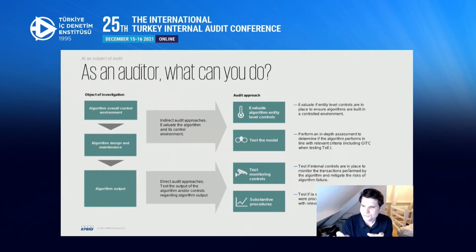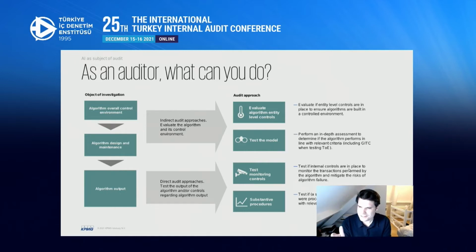So what do you actually need to look at? That is different, so you need to have the knowledge about that as well. I will come back to that later in my presentation: what are the competencies that you should have as an auditor to do this properly? In the basis, it's similar to what we are used to, only the real details are fully different, and you need to be equipped as an auditor to do so.